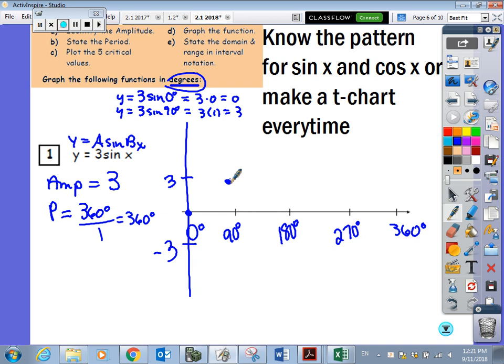You can't ever skip a middle. So we were at middle, high, back to middle, low, back to middle. Notice it looks just like the parent function, except instead of going up 1 and down 1, we went up 3 and down 3. So it's basically a vertical stretch.